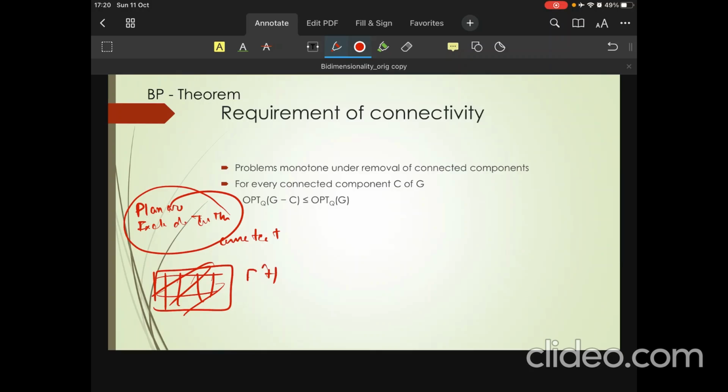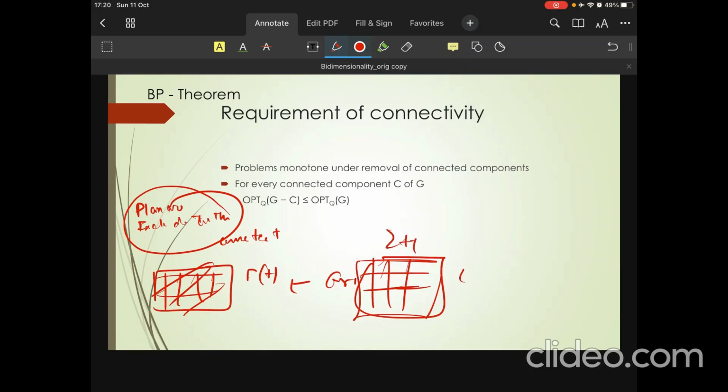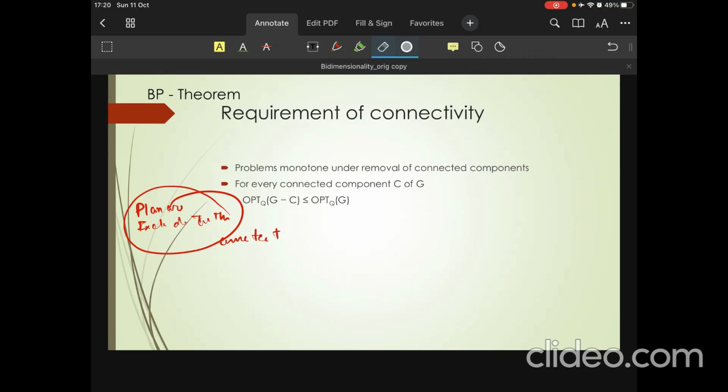Because we sort of build gamma t from a grid of almost double size. So we had to assume the graph is connected, or else we cannot construct this gamma t from grid t such that gamma t is a contraction of the original graph. So we had this connectedness carried along all the theorems which were derived from this.